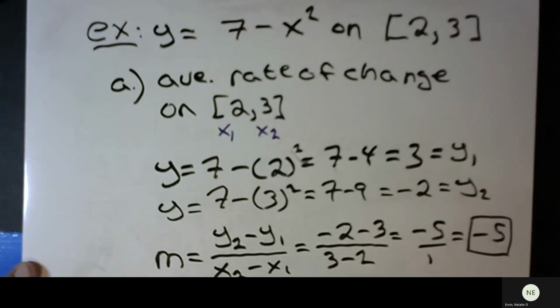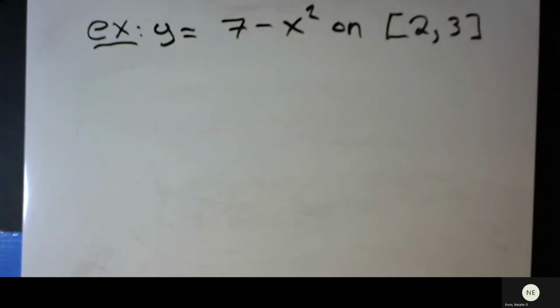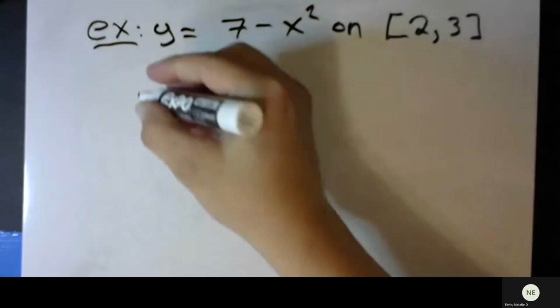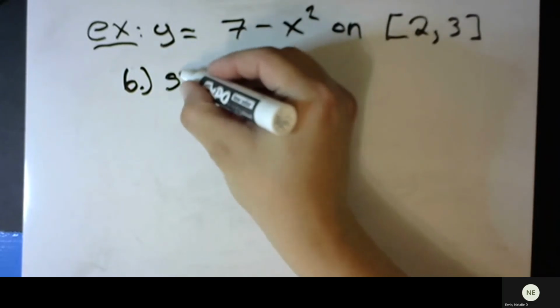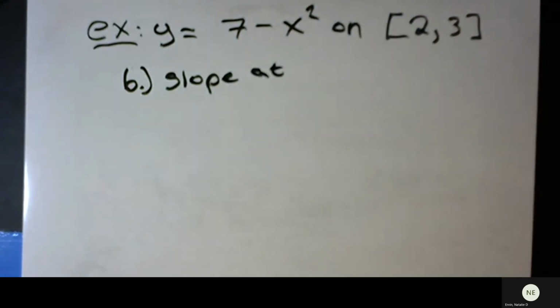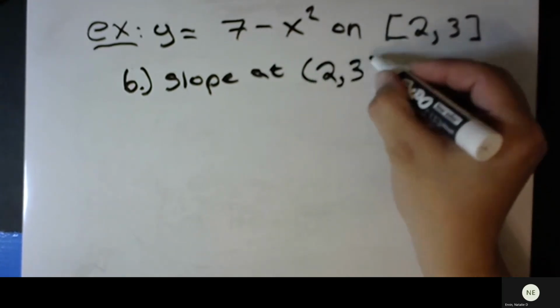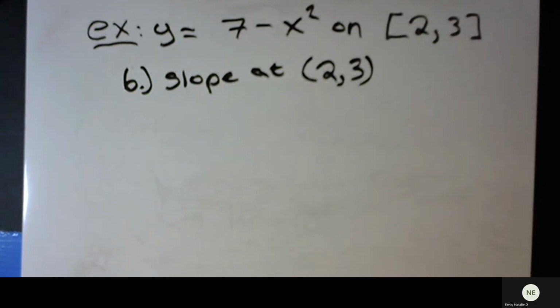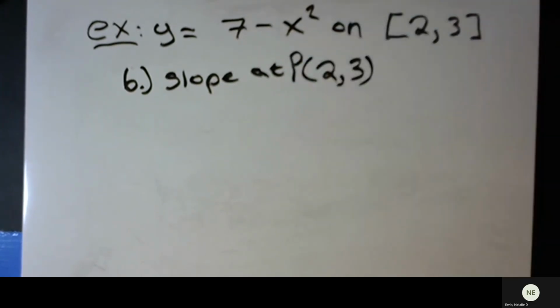So the next thing we might ask about this is the slope, and we're going to choose the point 2, 3. So this is no longer an interval. This is a point. In the text, they'll put a P like that to indicate a point.